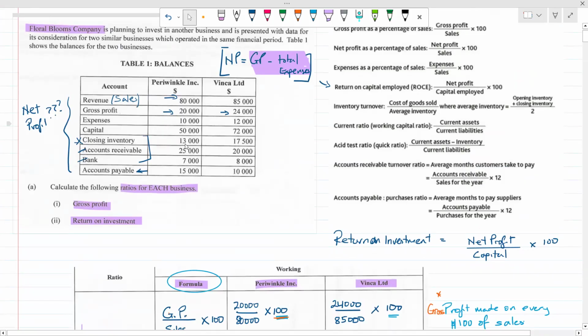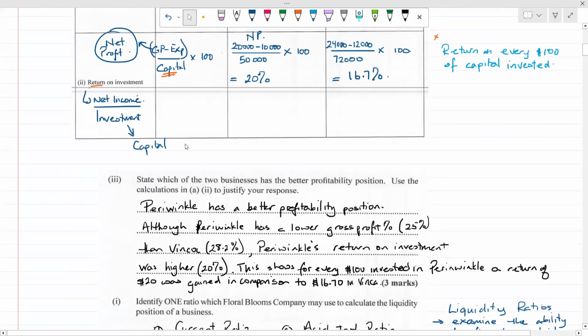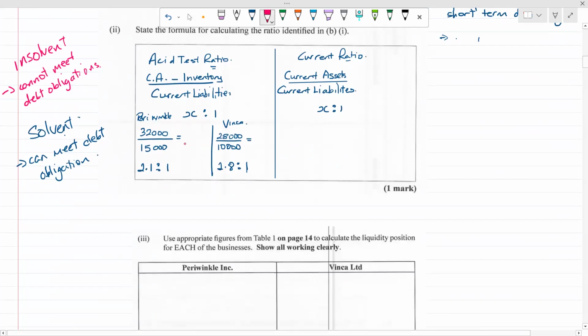So we already know that this was 32,000. So if I add a 13 to this, that'll give me 45,000, right? And nothing will happen to the amount of current liabilities. That pretty much remains the same. So now we have 45,000, this is for Periwinkle, over 15,000, and that's going to give me a 3-to-1 ratio. Yeah?